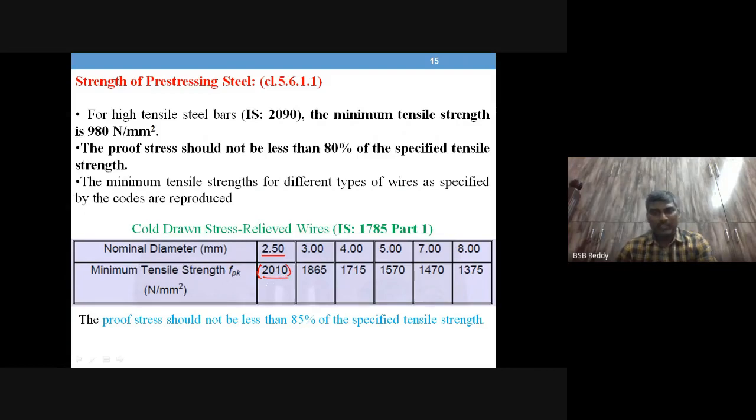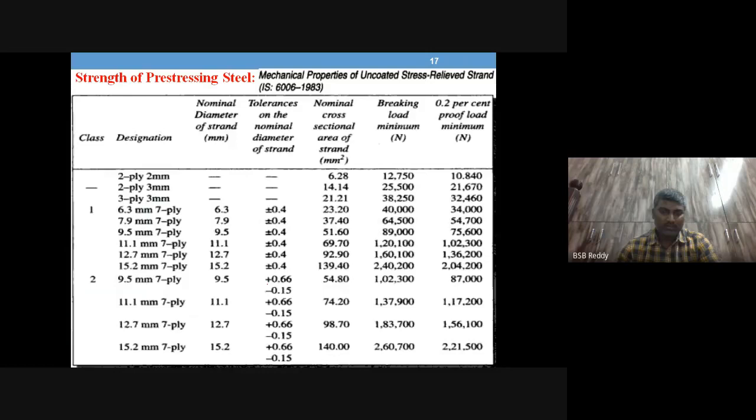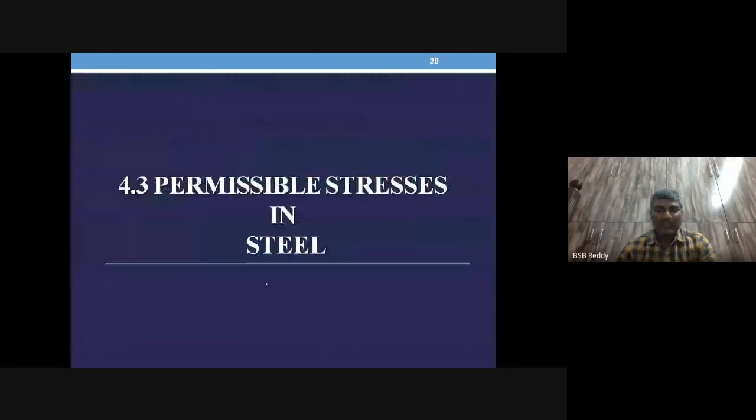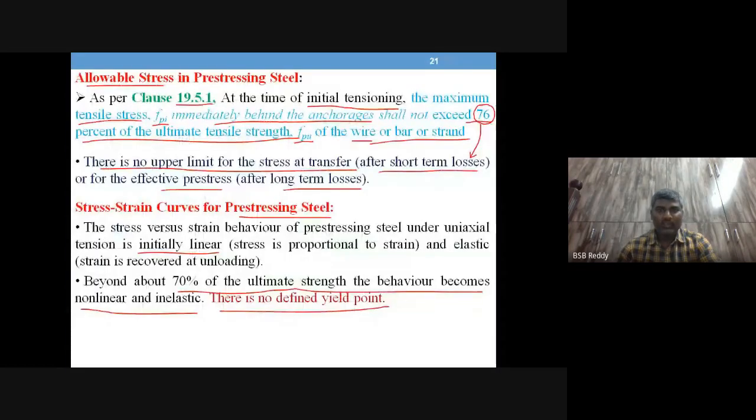You have to limit this for only 76% of this stress when you are pulling the cold drawn wires. So only 76% of this shall be used, not to the fullest. So that is what that means.